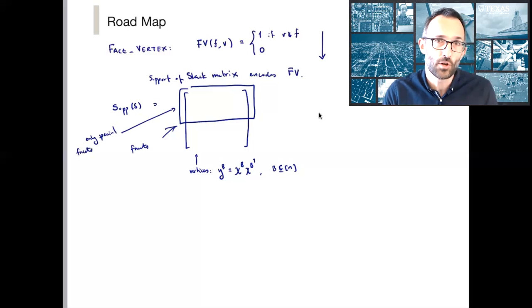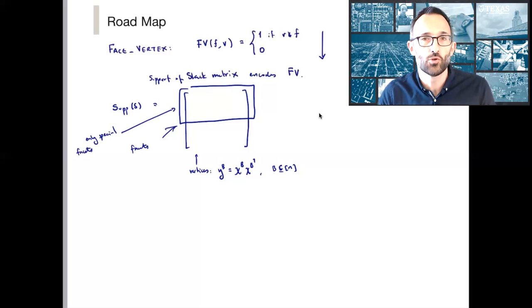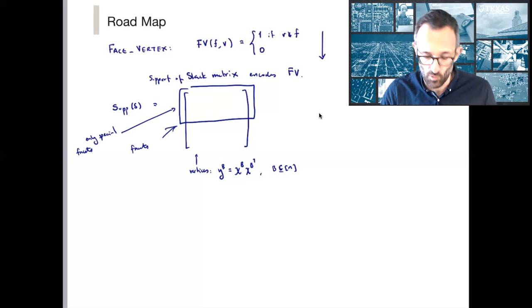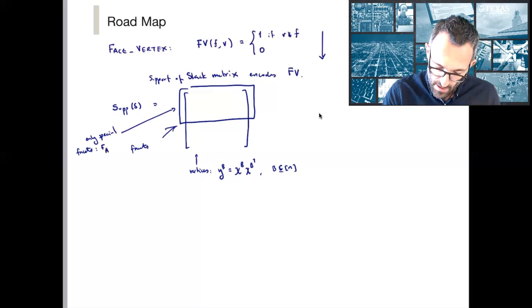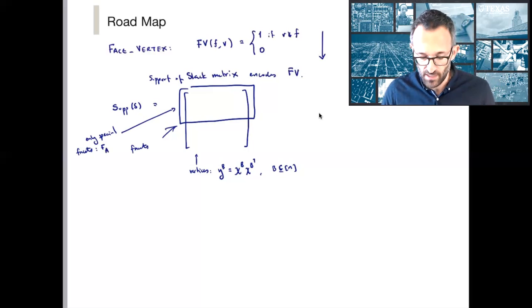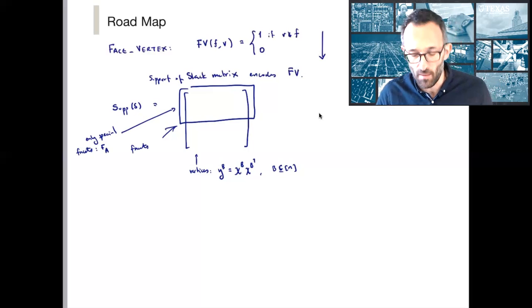And recall that those special facets, there are exactly 2 to the n of them. We can identify them also with subsets of 1 to n. So we're going to call these F_A. And this is especially convenient because we have A for Alice, B for Bob.